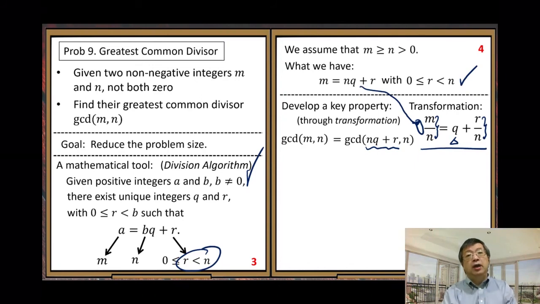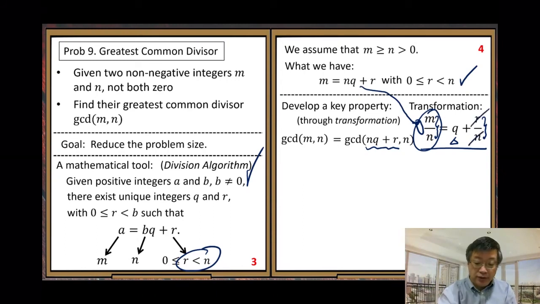So that's one way you can understand it. When you simplify the fraction at the left-hand side, m and n, by crossing out the greatest common divisor, that same divisor can also be crossed out from the numerator and denominator of the fraction at the right-hand side.